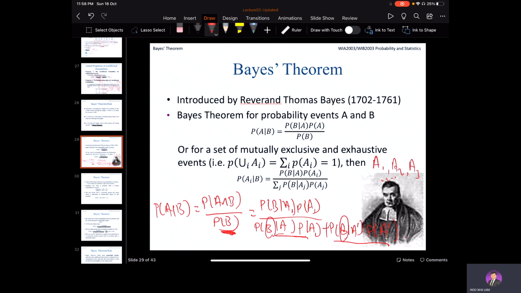And this time you are considering A complement. A is not happening this time. So this one is B is happening, A is happening. But this one is B is happening, A is not happening. Because why? You want to capture every single possibility under the marginal probability of B happening. But for this one, you are only capturing the A that you are interested in. That's why you can have just A itself. Or if you are interested in A complement, then you can put the A complement.